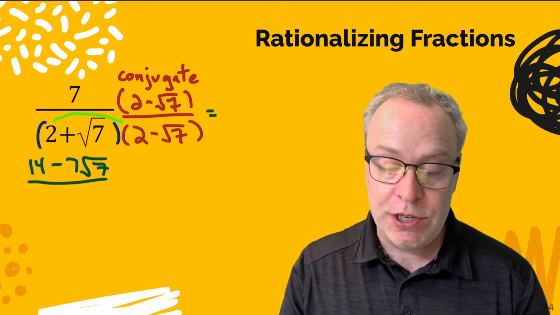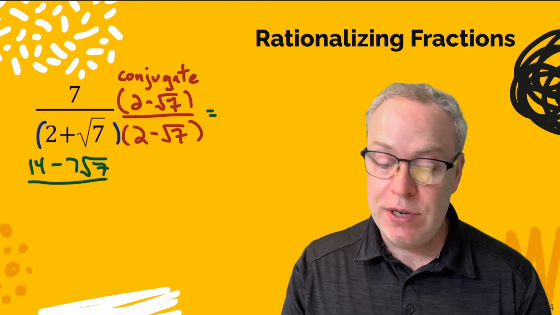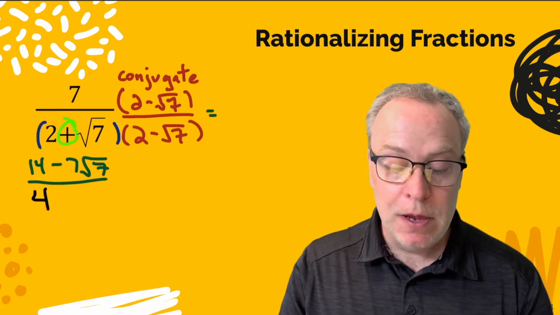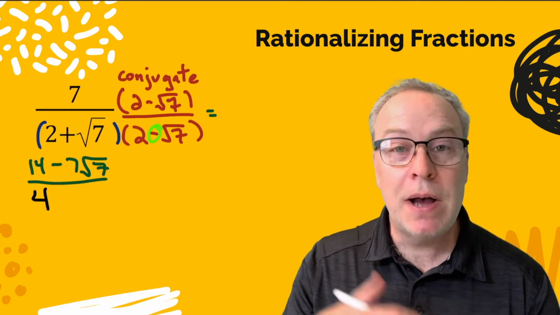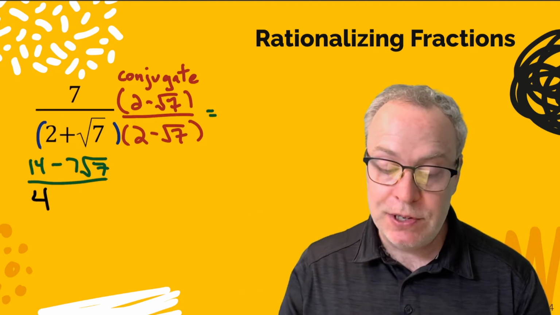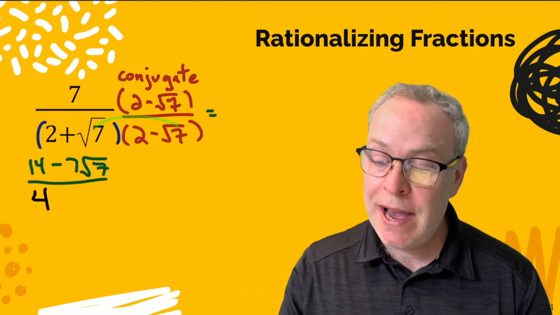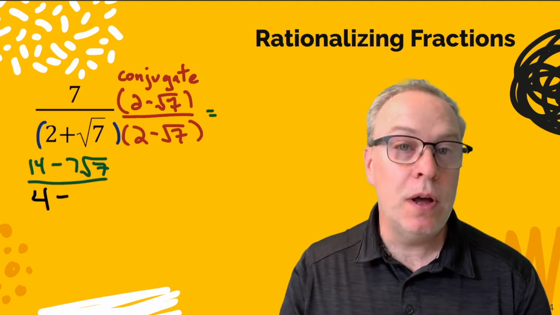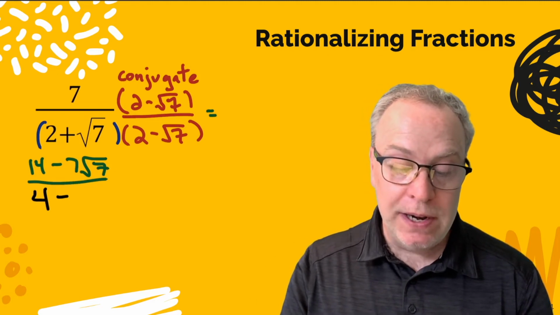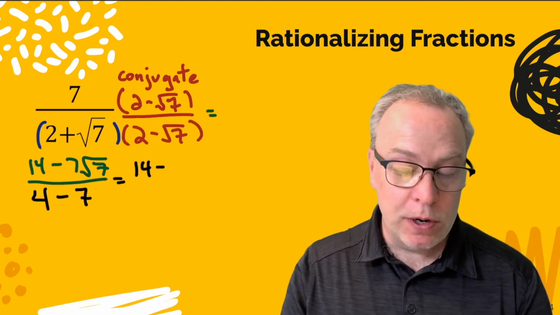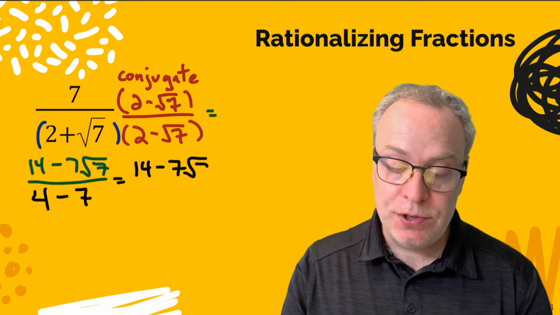So really you just have to multiply the 2 times the 2. You see the sum and difference pattern there? We've got 2 plus radical 7 and 2 minus radical 7. It's a pattern. So then the O and the I will add up to 0. We also need to take those last terms and multiply them. And we get minus the square root of 49. The square root of 49 is 7. So let's keep simplifying. 14 minus 7 radical 7, all over negative 3.